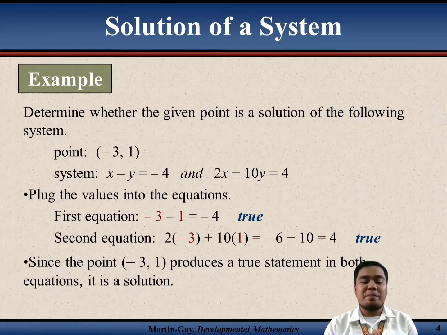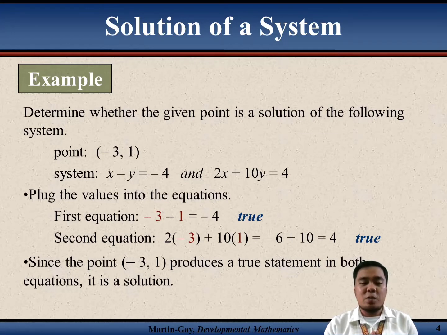That becomes -3 minus 1 is equal to -4 for equation 1. Simplifying, -4 is equal to -4, and that is true.